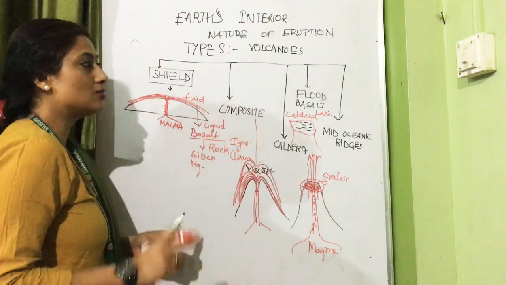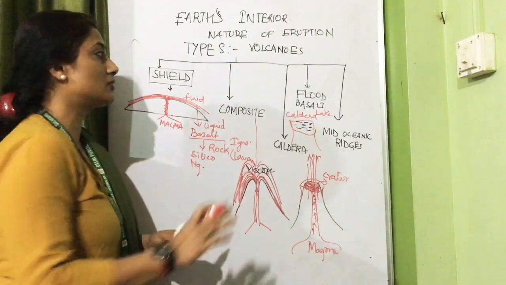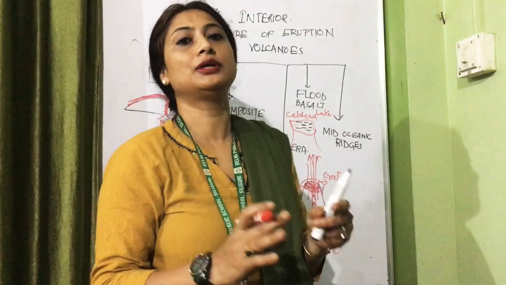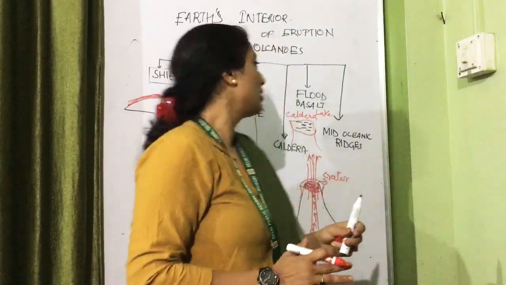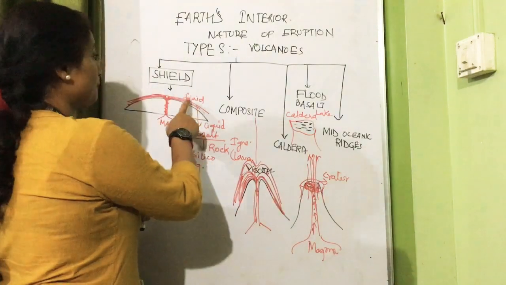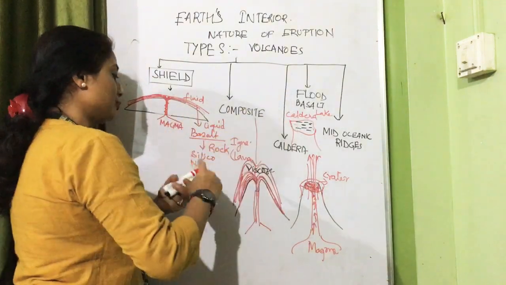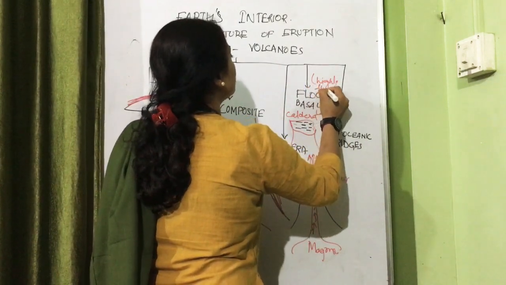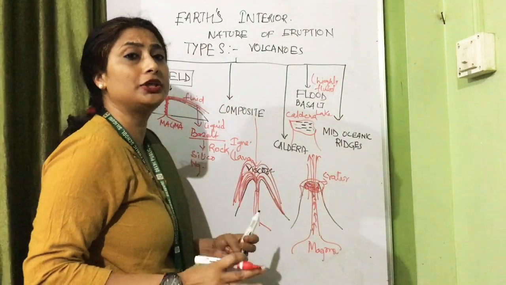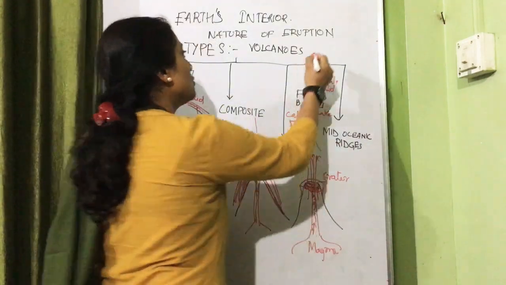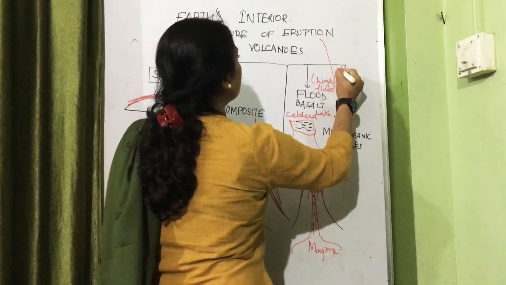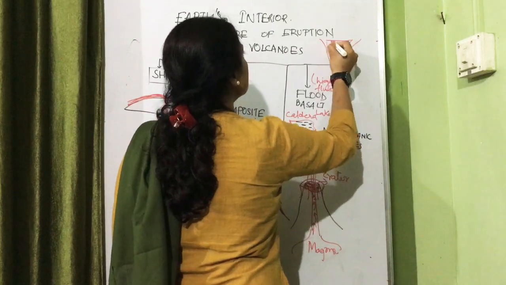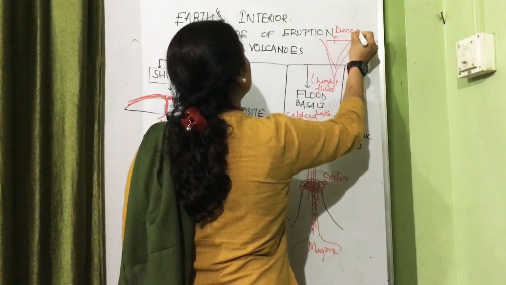The flood basalt, as the word suggests flood, is the molten matter which comes out in the form of lava. It is highly fluid. The characteristic here you must write is it's highly fluid in nature. So if something is highly fluid, it will definitely flow in different directions. If you remember the peninsular part of India, this part is known as the Deccan Trap.